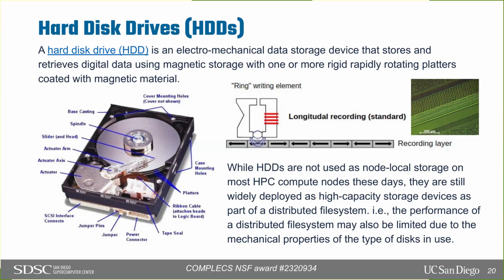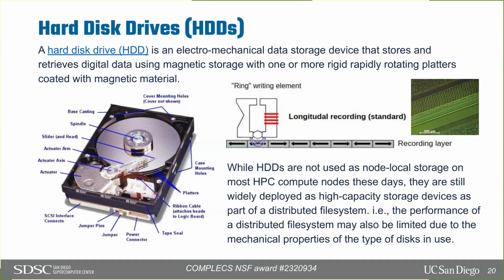Most HPC nodes will have a local file system, local storage that you can access while your jobs are running, while your application's running, for faster access to at least temporary storage. So you don't have to use these distributed networked file systems that are a bit slower because of the network interaction.